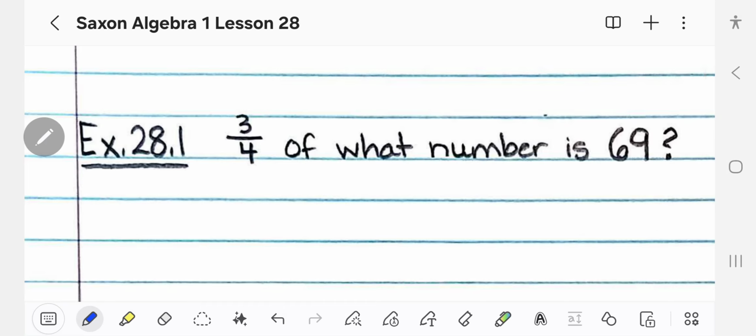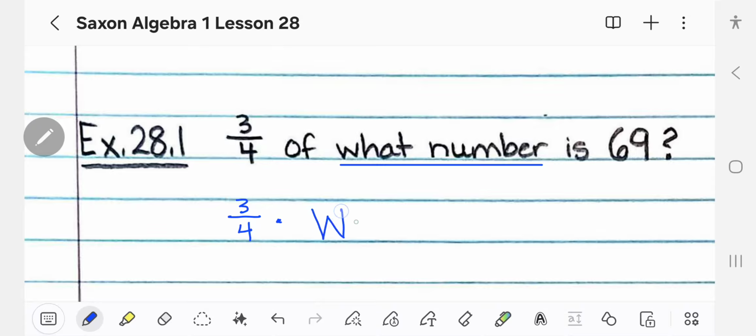3/4 of what number is 69? We're just going to write 3/4. We know that of means we're going to multiply. What number? We could use any variable we wanted. The book uses WN, because they are trying to show that it stands for what number.